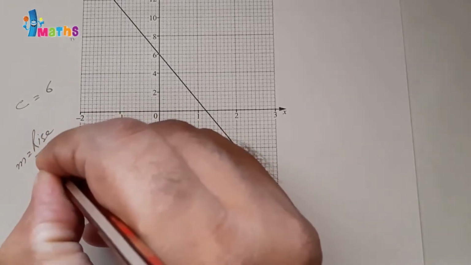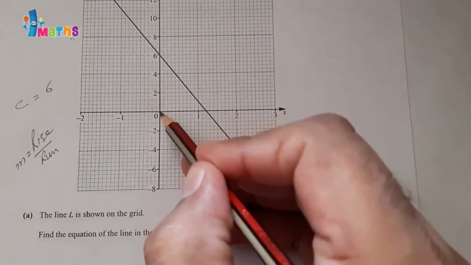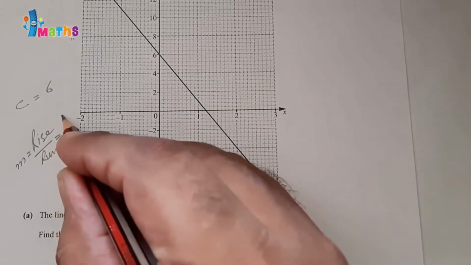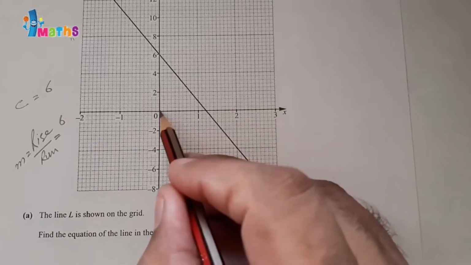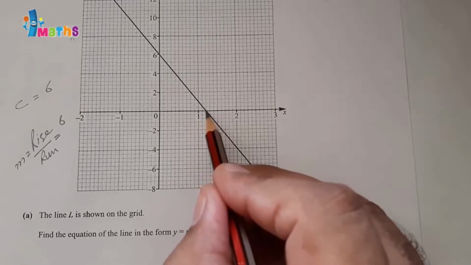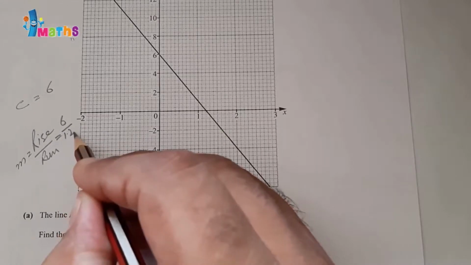Rise over run. Rise is from 0 to 6, so rise is 6. Run is 1.2. So 6 divided by 1.2.